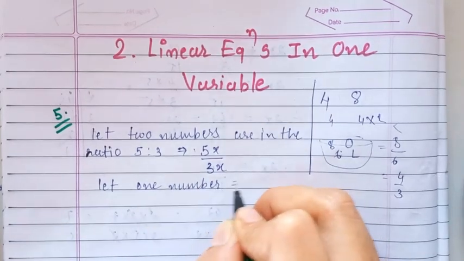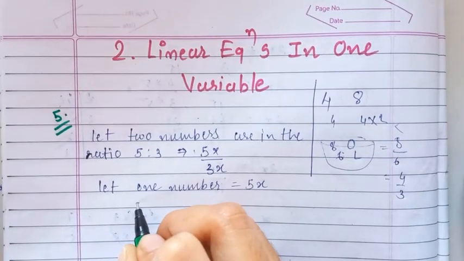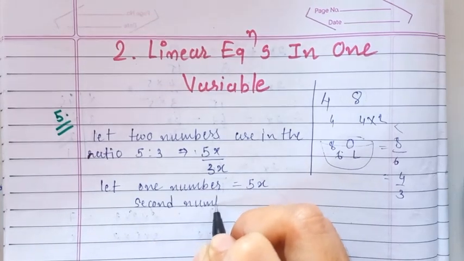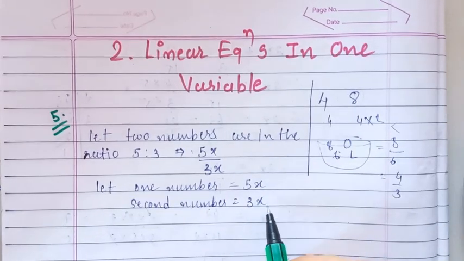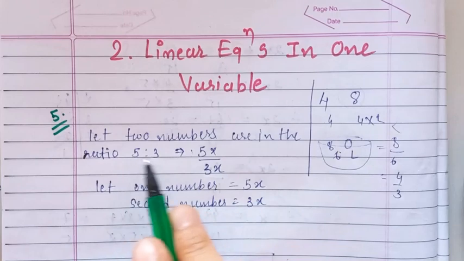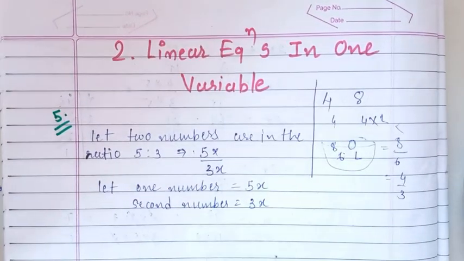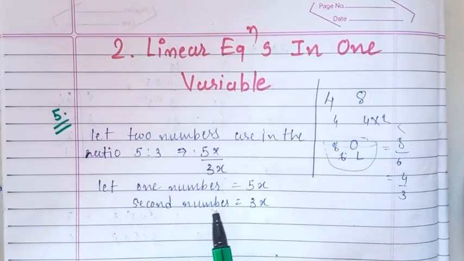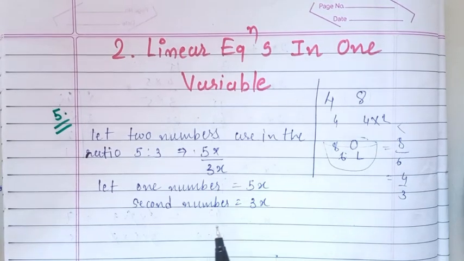So one number is equal to 5x and the other number is 3x. If you take the ratio of these two, again we will have 5 and 3. So whenever you are given the ratio of two numbers or two quantities, you simply multiply x with those quantities.